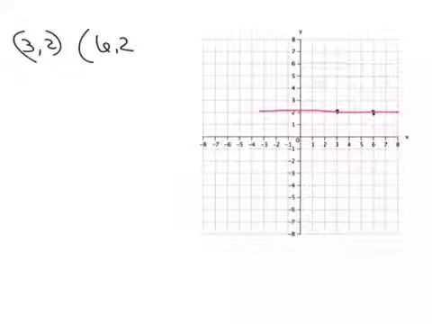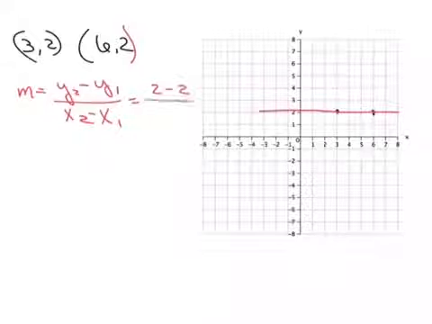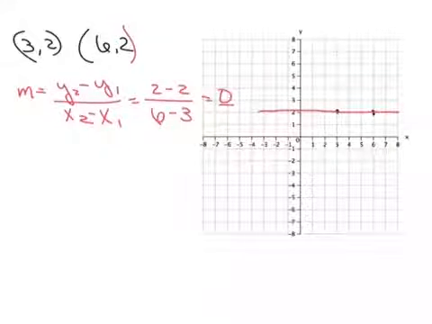If you're standing there on the bunny hill and you have no slope, you ain't going nowhere. So we end up with y2 minus y1 over x2 minus x1, which is going to be 2 minus 2 over 6 minus 3, which equals 0 over 3. So notice I get a 0 on the top.